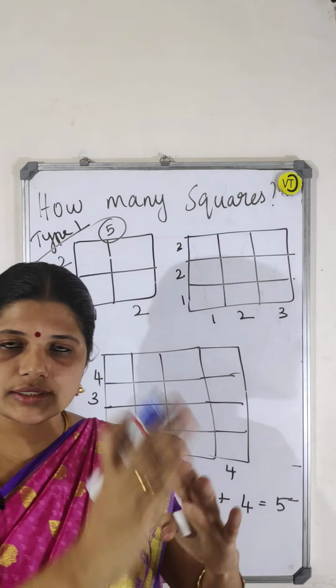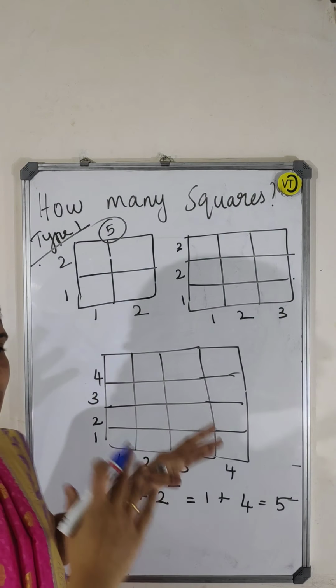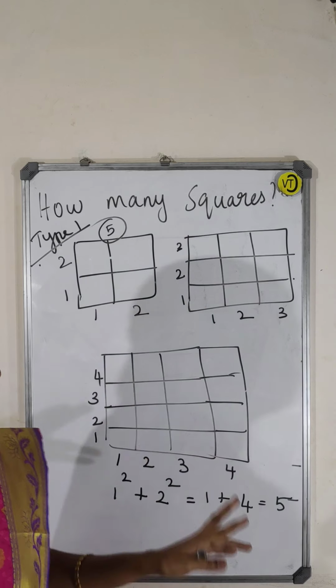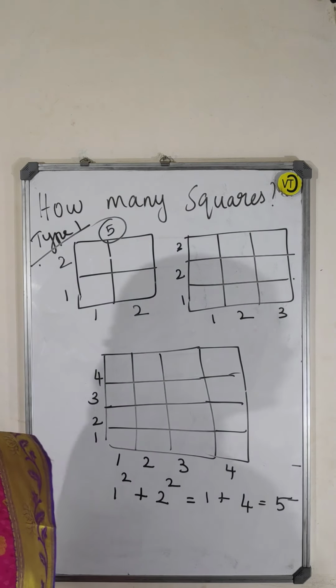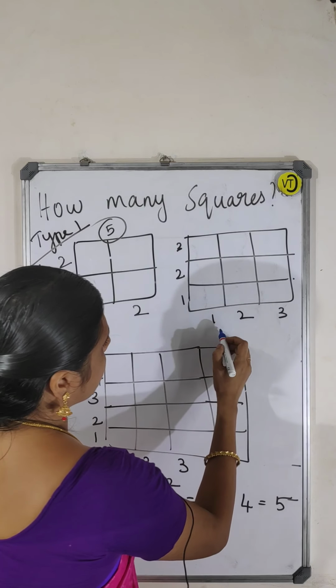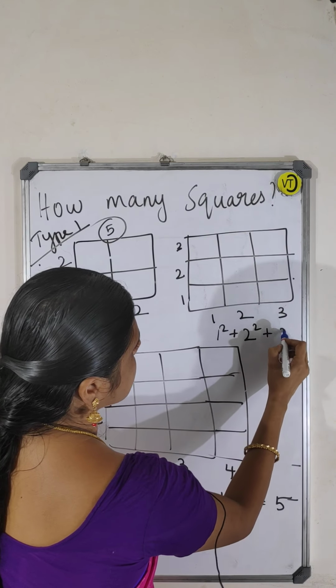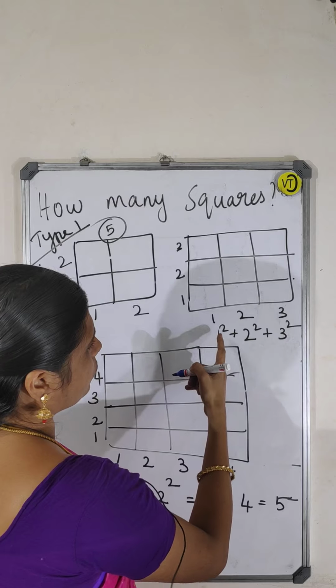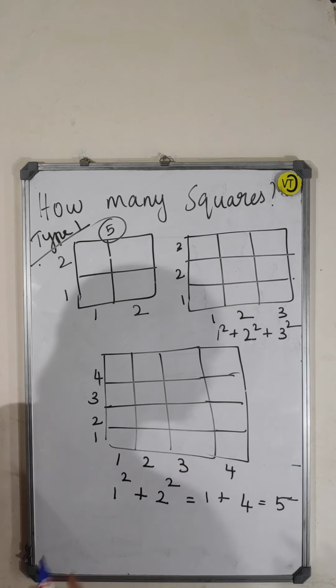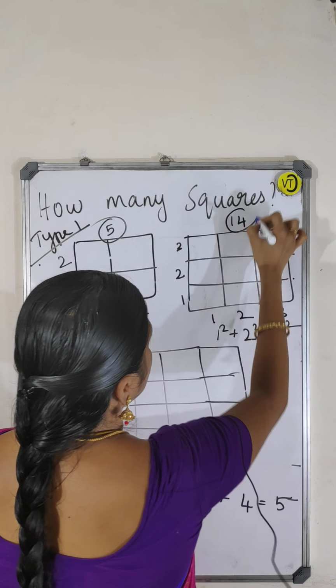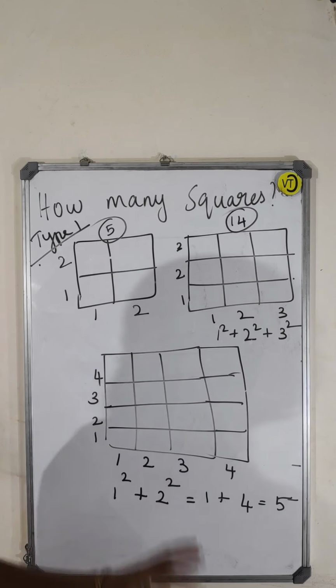I just squared and added. Here 1 square plus 2 square plus 3 square, that is 1 plus 4 plus 9, which is 14. 14 squares are there here.